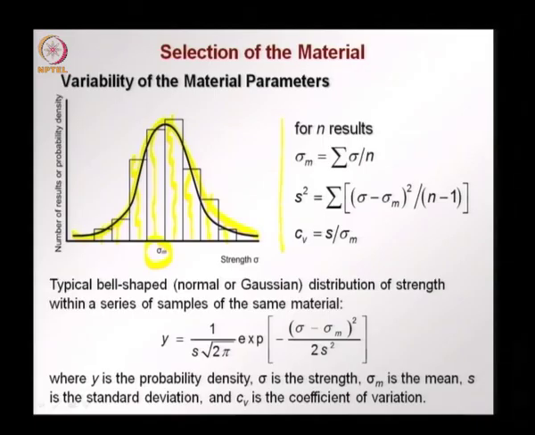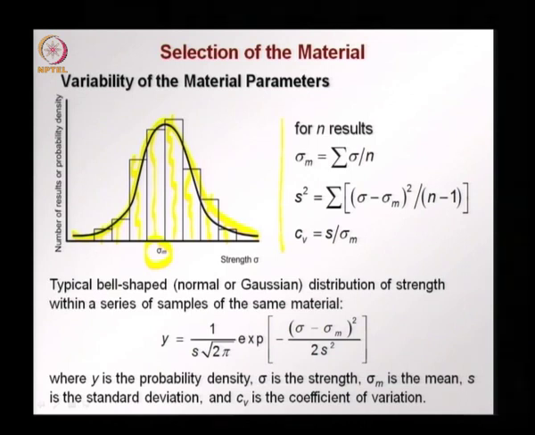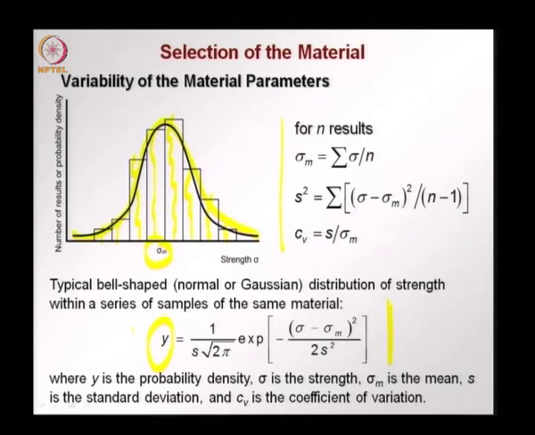These parameters define the distribution that you see here, given by this equation. Again, the parameters are the probability density given by this equation, sigma is the strength given by the test, sigma m is the mean value of all the tests that we have conducted, s is the standard deviation, and C sub v is the coefficient of variation.